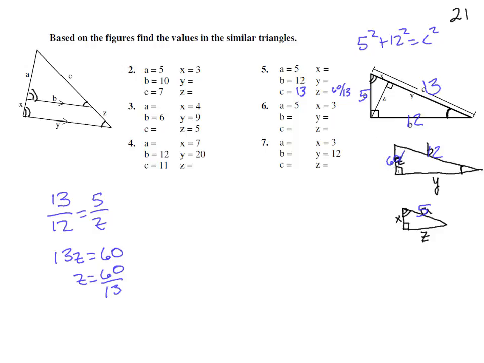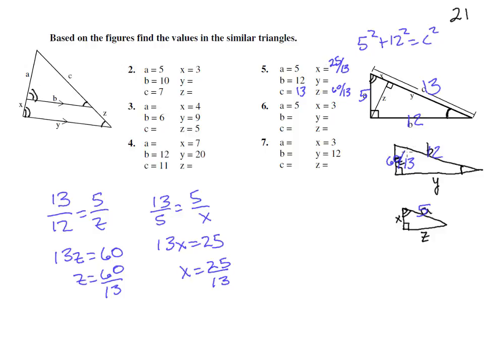Okay, now let's try getting an x or a y. Yeah, we can go 13 is to 5 as 5 is to x. If we cross multiply, we get 13x equals 25. X equals 25/13. So 25/13 is x.